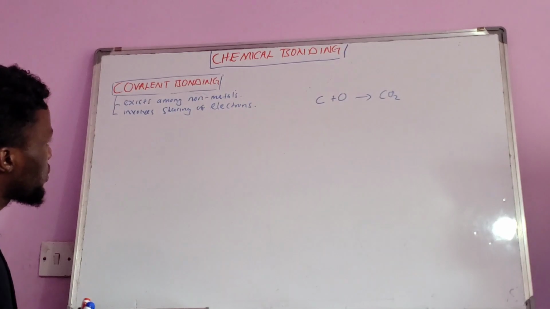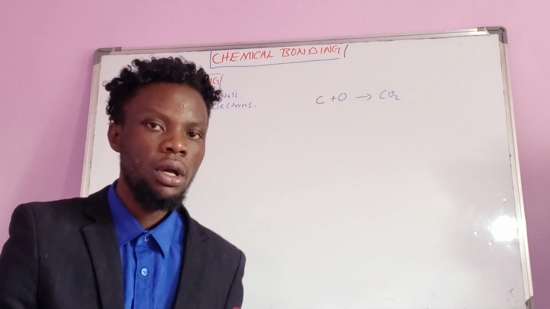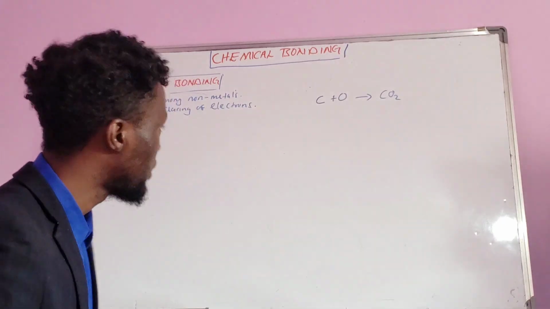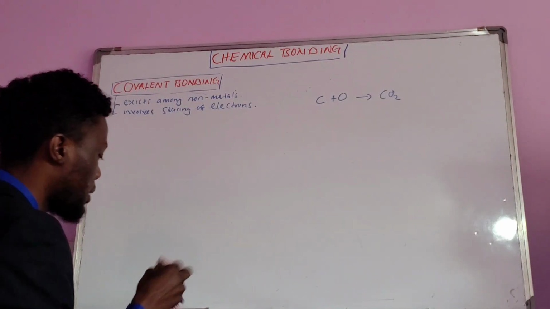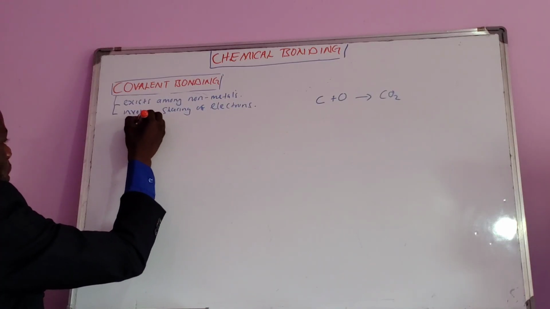Now, for us to fully understand covalent bonding, we need to look at a good example. So this is example number 1.